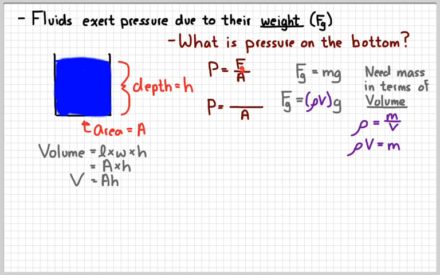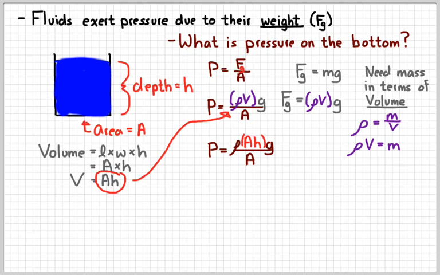And then, if I substitute that into the pressure equation, I get pressure is equal to the mass times g over A. Instead of mass, we've got density times volume. And then if we realize that the volume is the area times the height, and we substitute that in for the volume, notice that the A's cancel out, and we get an equation that looks like that.